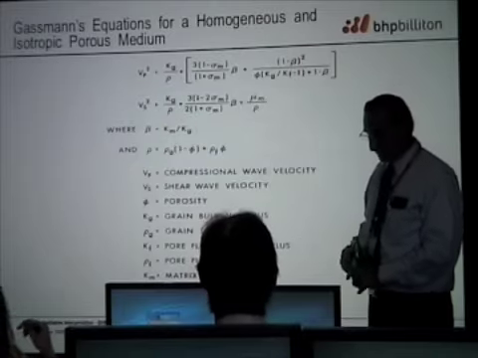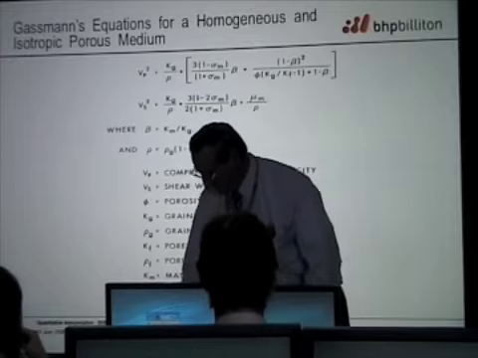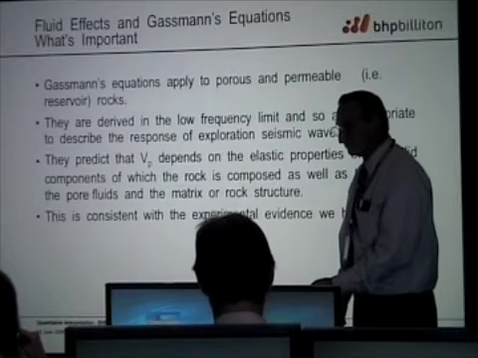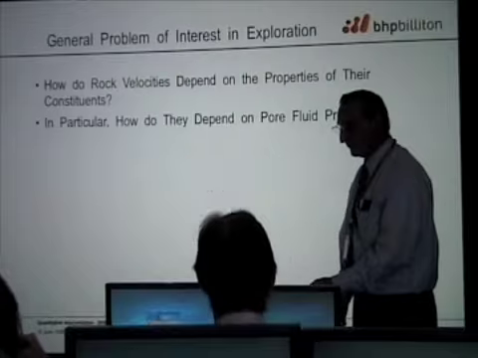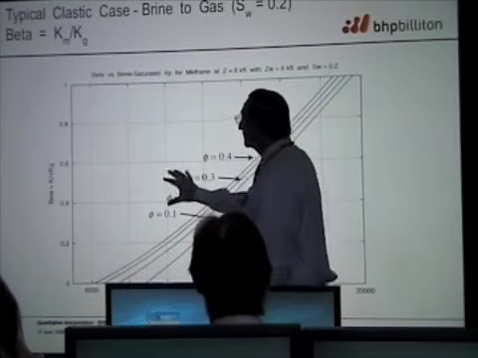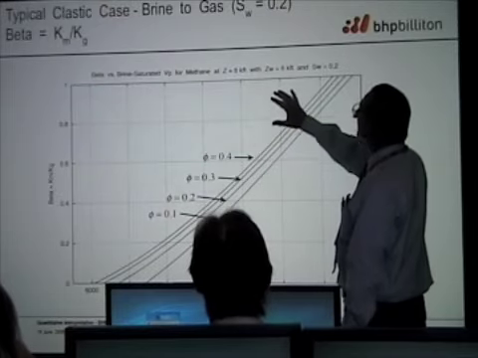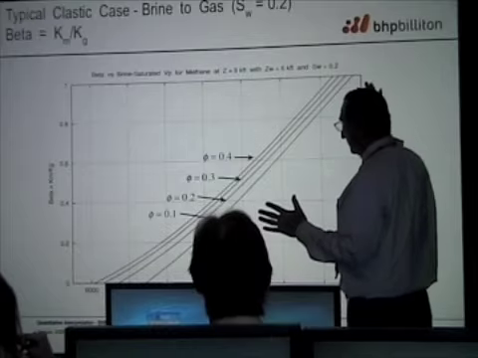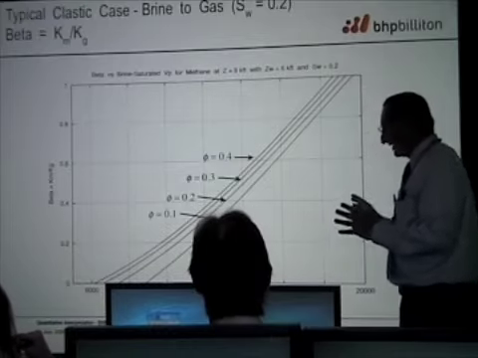Let's do the calculation and look at what some things look like. We don't have too many of these to do, so there we go. I'm going to show you a series of plots which are the result of a typical plastic case, and I did it for a reasonable true reservoir.